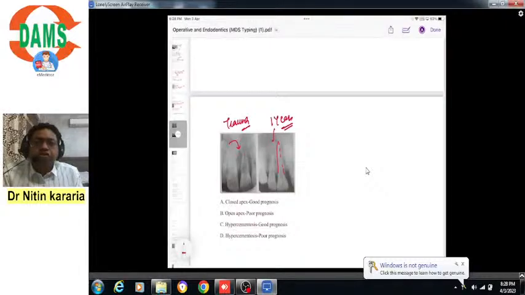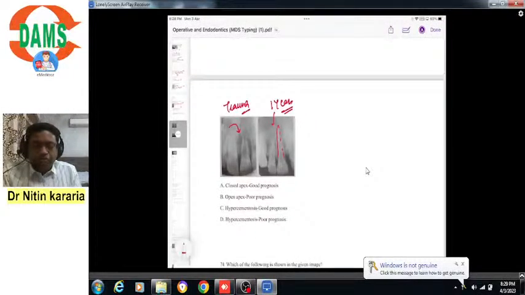The bone around the tooth is healthy. So what is this? It is a case of closed apex with good prognosis, open apex with poor prognosis, hypercementosis with good prognosis, or hypercementosis with poor prognosis, as you can clearly identify from the radiograph.